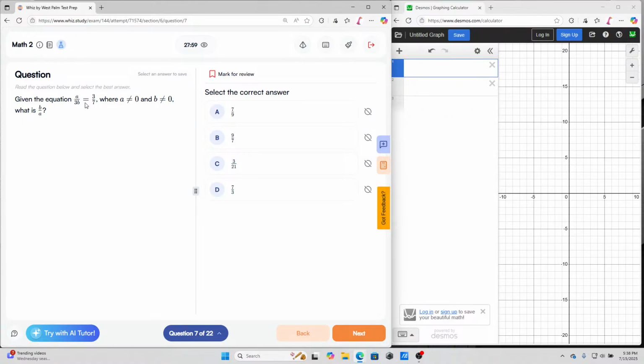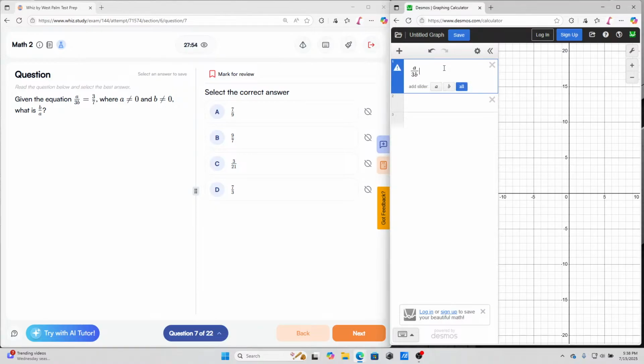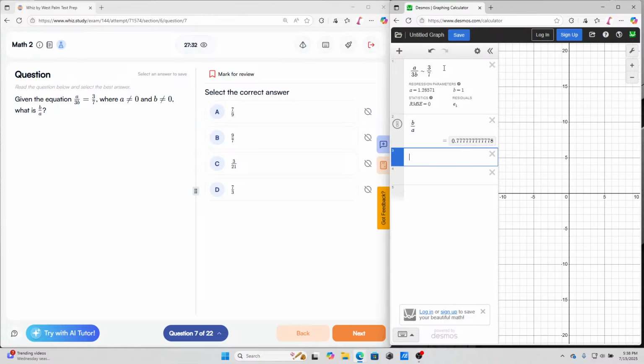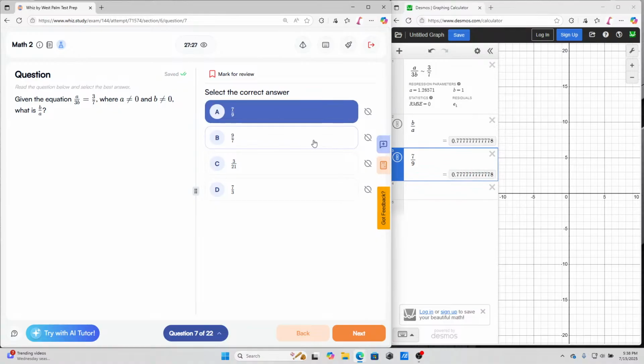Okay, given the equation, what is B over A? So A over 3B is equal to 3 over 7. A is 7 over A. And neither of these are equal to 0.